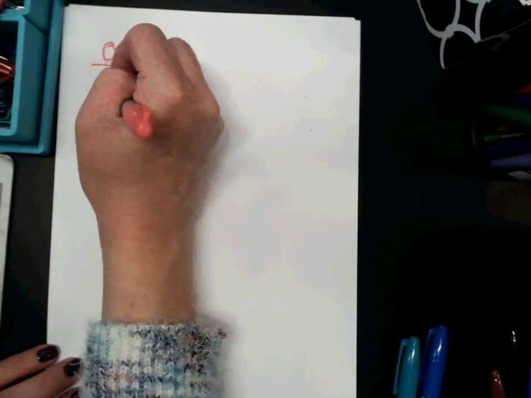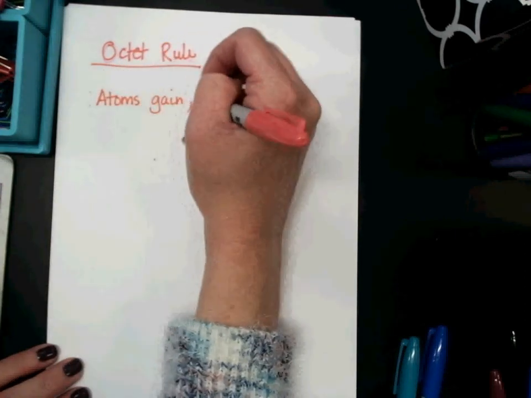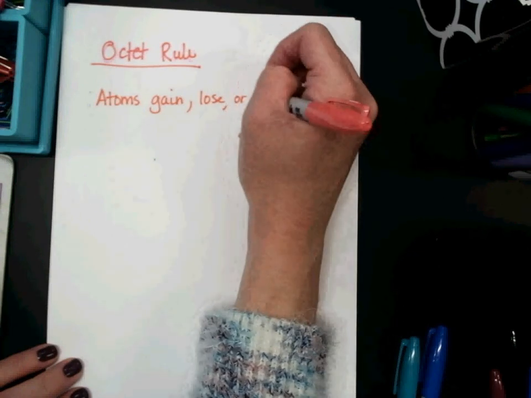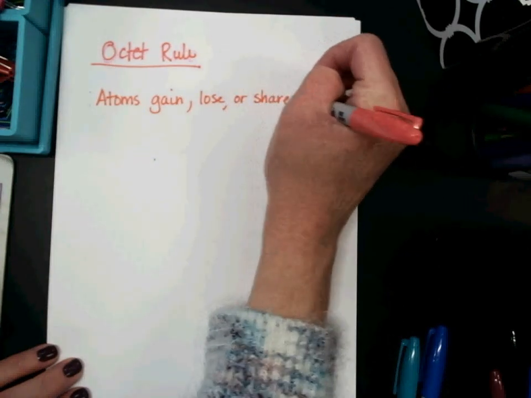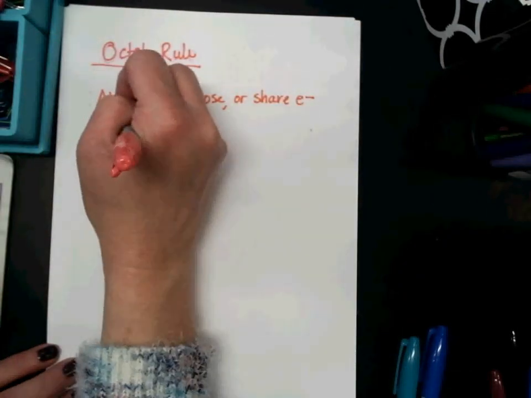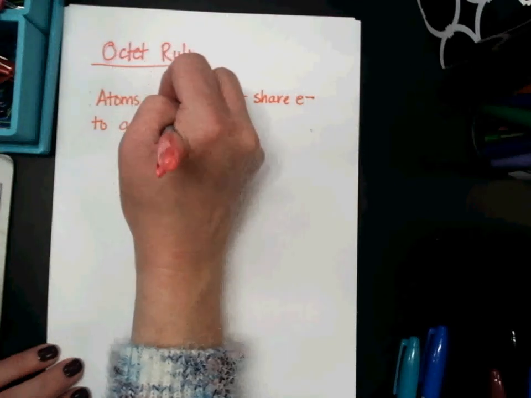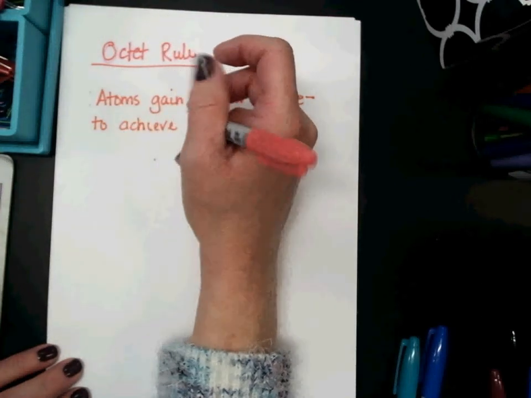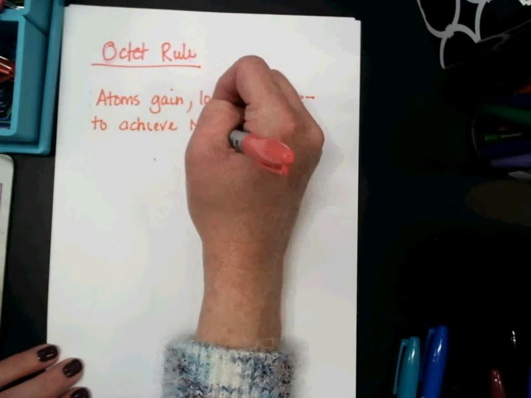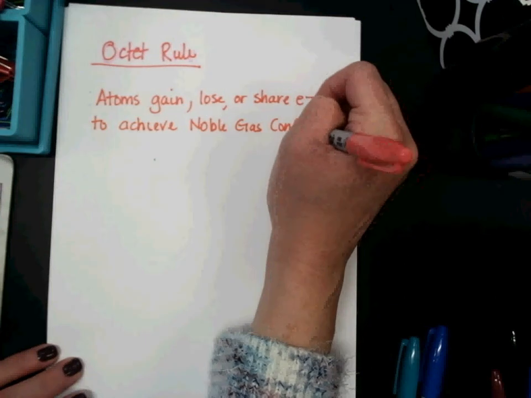A really good definition of the octet rule is that atoms gain, lose, or share electrons to achieve noble gas configuration.